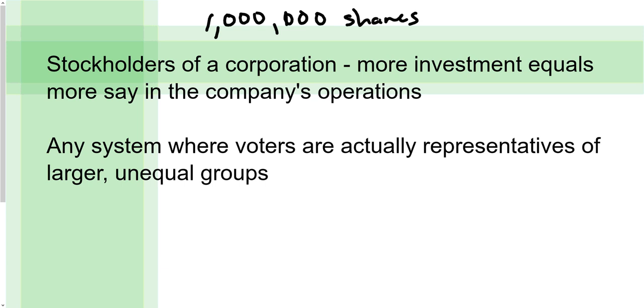Then a whole bunch of little people like you or me, who might buy a few shares of a company at a time, say 5 or 10 shares, but there's a lot more of us.